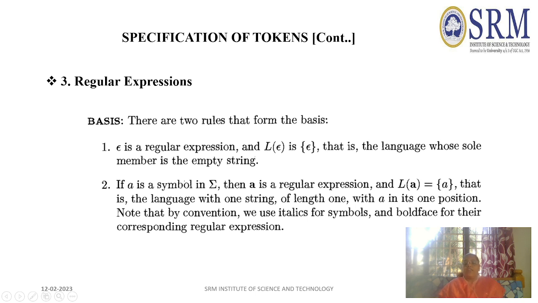So it is going to have only one string, which is nothing but A, whose length is 1 with A in its one position. So we use italics for symbols and boldface for their corresponding regular expressions. So regular expressions are identified as bold letters, and italic A is identified as a symbol. Okay.